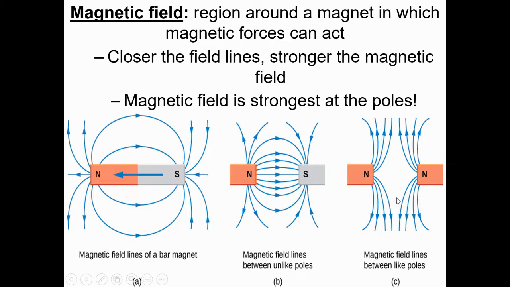That's because like poles repel. Go ahead and draw these two pictures into your notes right at the bottom so that you can see what the magnetic field lines are supposed to look like for attracting and for repulsion. If something were to enter this magnetic field, this object would be directly pulled in if it was iron, cobalt, or nickel. So this field is where this force will act.